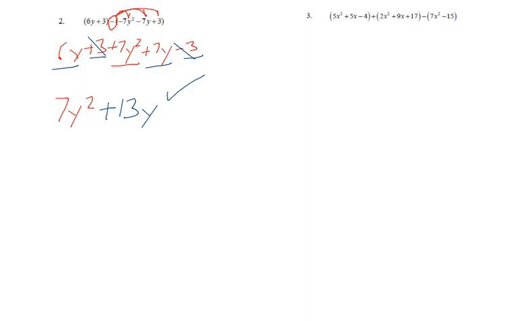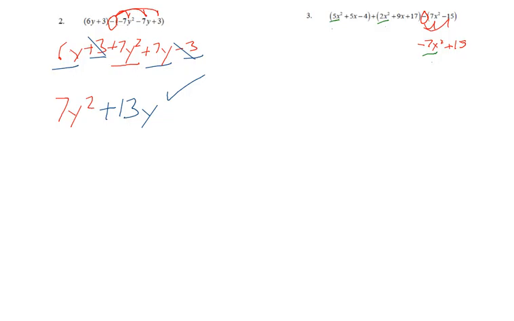Question 3 works the exact same way. This negative here will distribute to become negative 7x² plus 15. And now we're able to combine like terms. First, 5x², 2x², and negative 7x². 5 plus 2 is 7, but 7 minus 7 is 0.